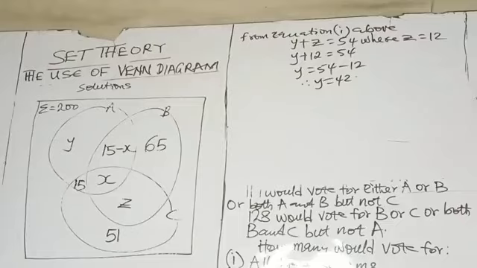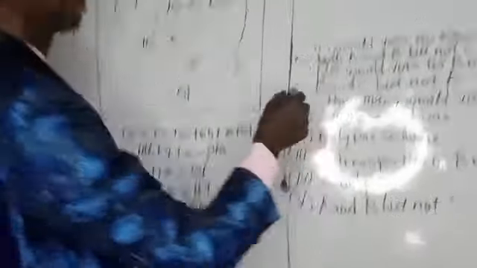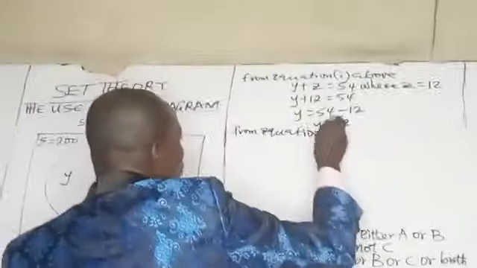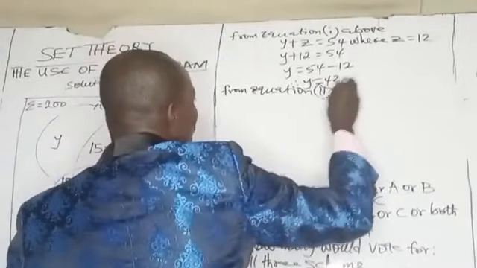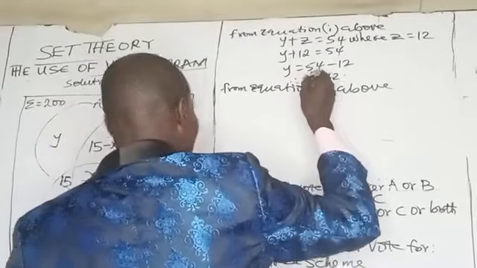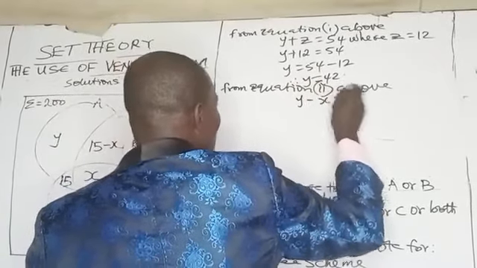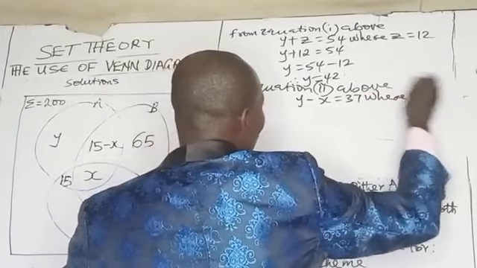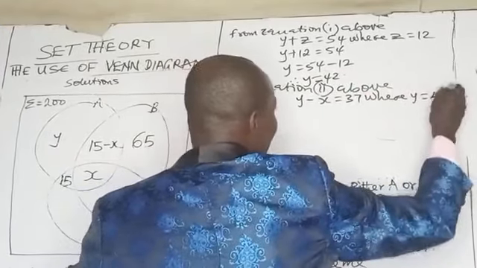Back to equation 2. You have Y minus X equal to 37. From equation 2 above, Y minus X equal to 37, where Y equals to 42 as calculated.